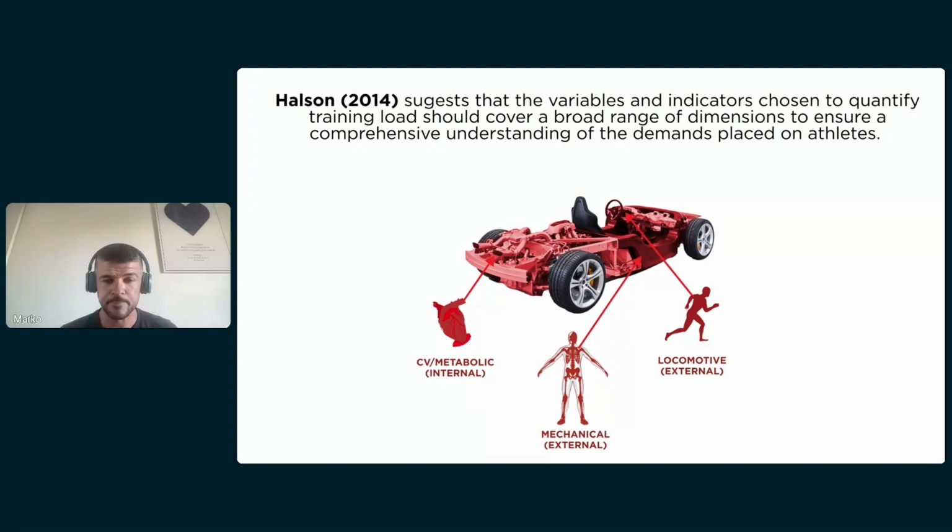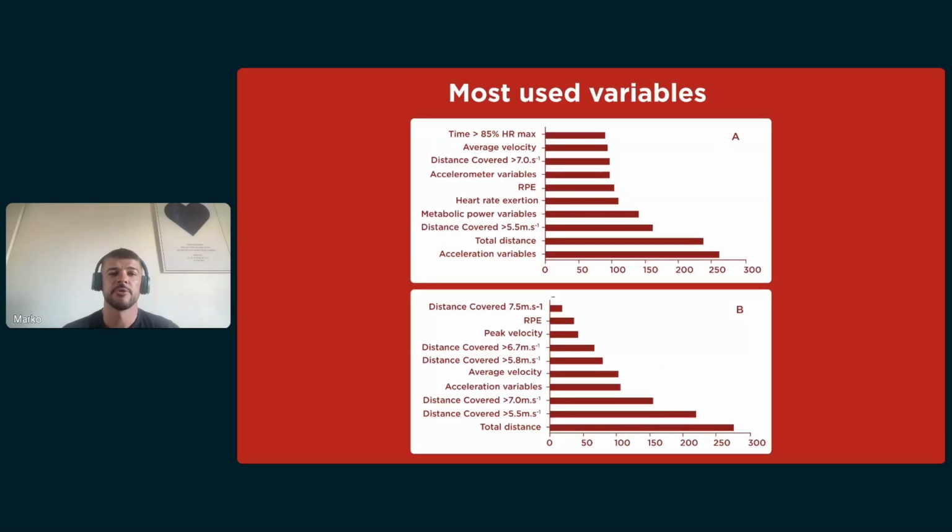Next slide. On the next slide, you will see how we group and what are the most used variables when it comes to load monitoring, but also GPS. You will see that a lot of teams are using total distance, acceleration, deceleration, but also distances covered above 25 kilometers per hour, but also 20 kilometers per hour.